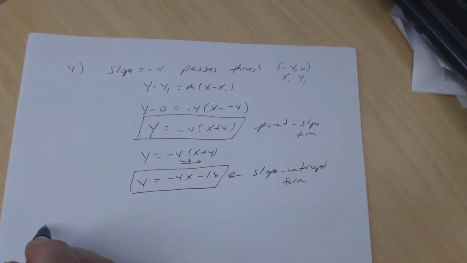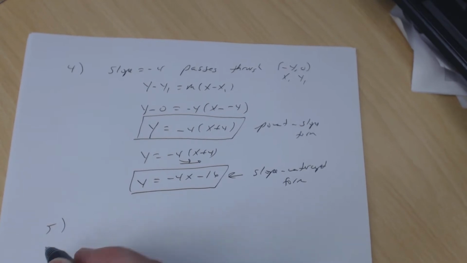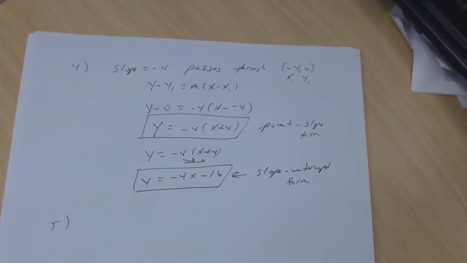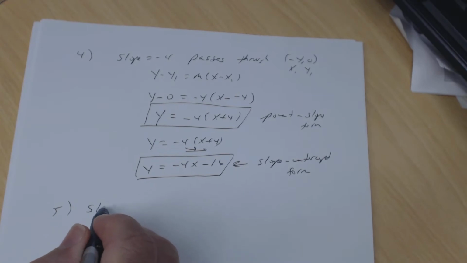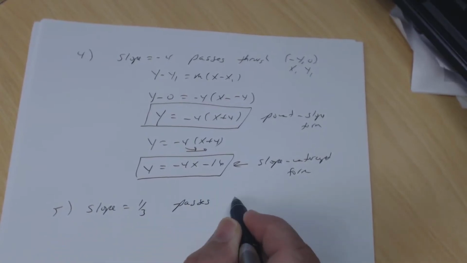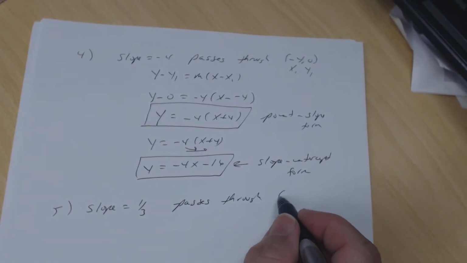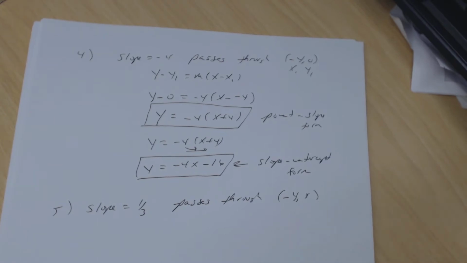All right, okay, number 5. Let's suppose that the slope is 1/3 and it passes through, let's say, -4, 5.